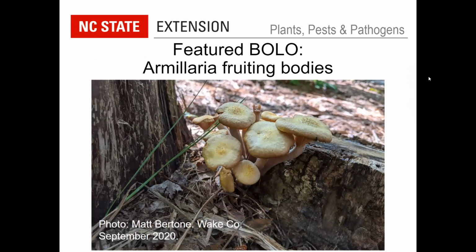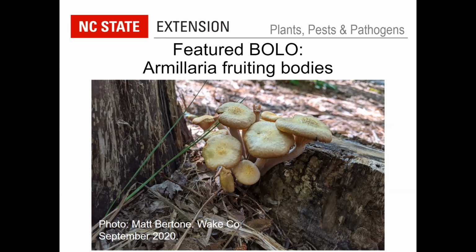And this is a photo that Matt took. He wins the prize this year for being the first person to find the fruiting bodies, which is our fancy word for any fungal structure that produces spores. And in the case of Armillaria, they are true mushrooms. These little clusters of honey-colored mushrooms will be coming out about this time of year from stumps and from roots near trees.